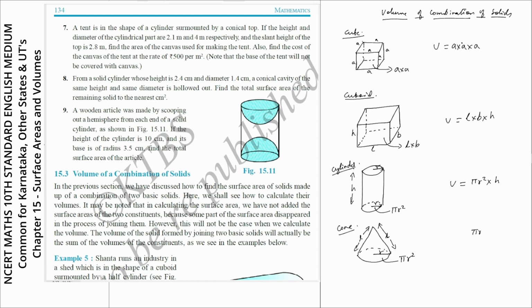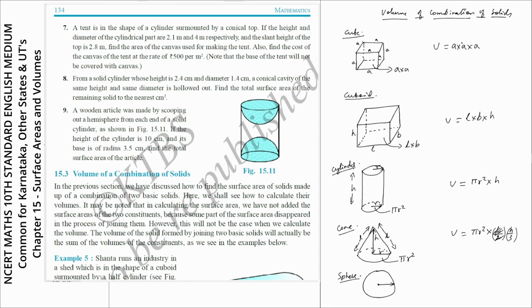Now if I multiply by the height and divide by 3, that gives the volume of the cone. Sorry, it is not l, it is h. If h is the height of the cone, then the volume of the cone is pi r square into h by 3, or 1 by 3 times pi r square into h. Now what is the volume of a sphere?